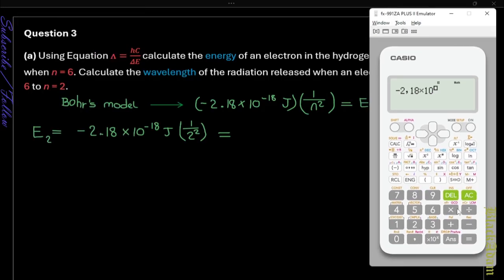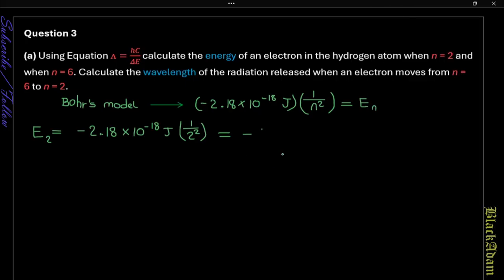We multiply, so that's going to be negative 5.45 multiplied by 10 to the power negative 19 joules.